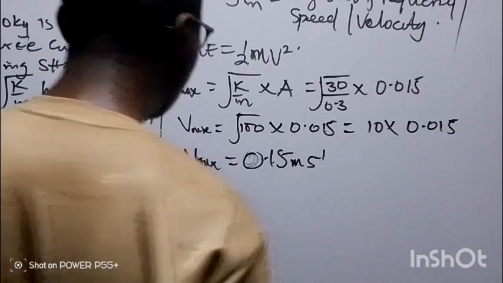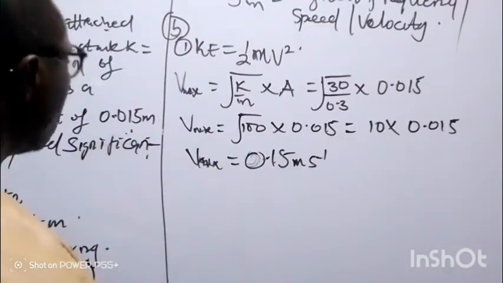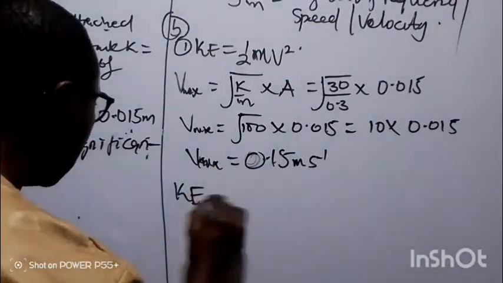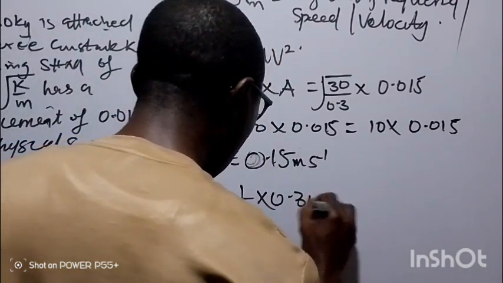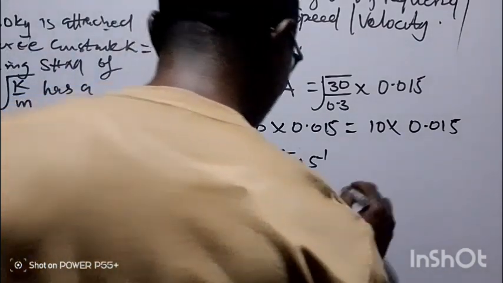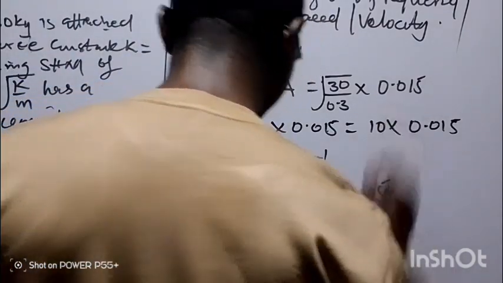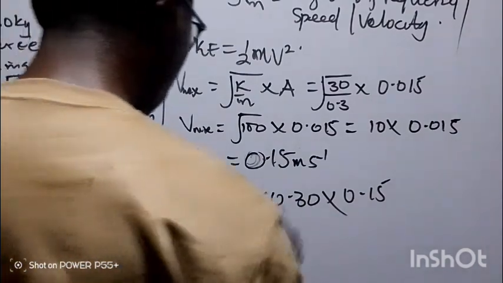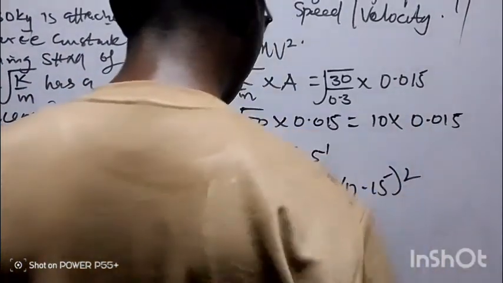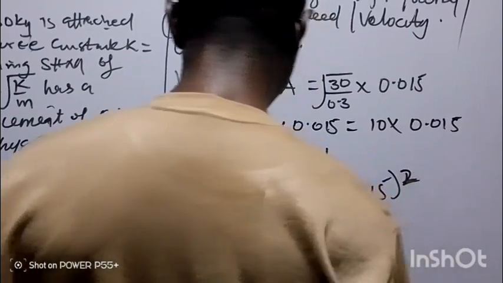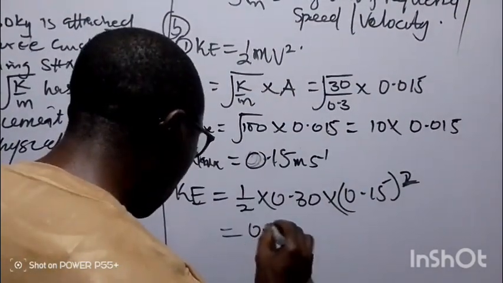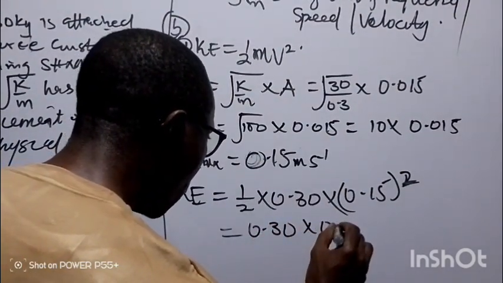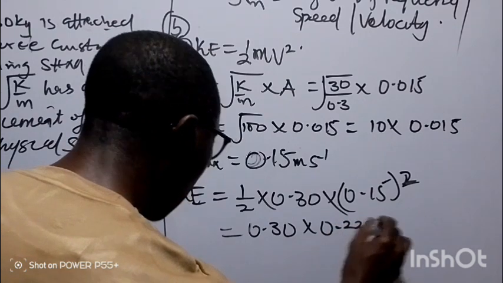If V maximum is equal to 0.15, therefore kinetic energy is equal to half multiplied by 0.30 multiplied by 0.15 squared, because the formula is half mv squared, and we calculated V. It will be 0.30 multiplied by 0.0225, then divided by 2.